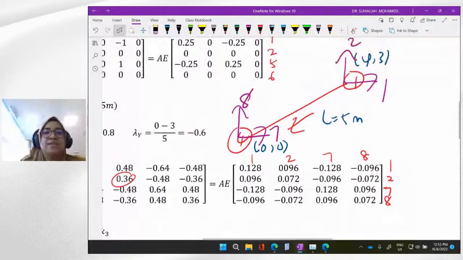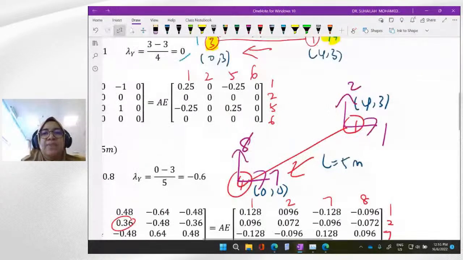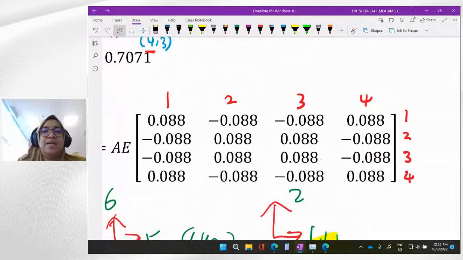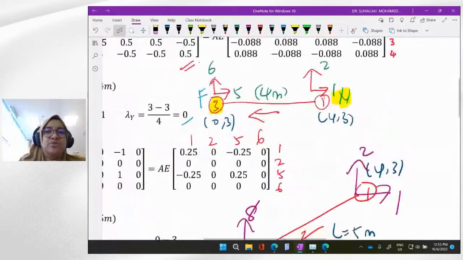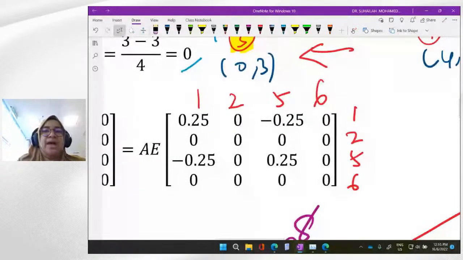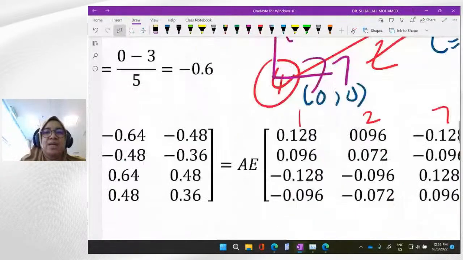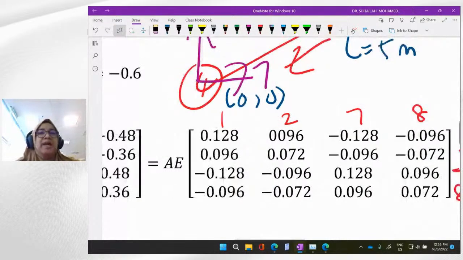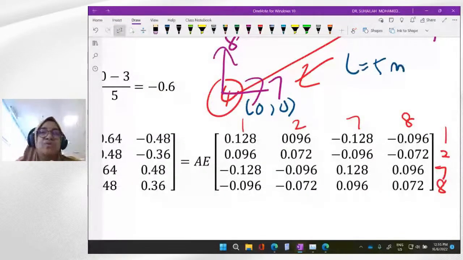Element number 1 is labelled 1, 2, 3, 4. For element number 2, 1, 2, 5, 6. And for element number 3, 1, 2, 7, 8. Means that there are four nodes equal to 8 degrees of freedom.